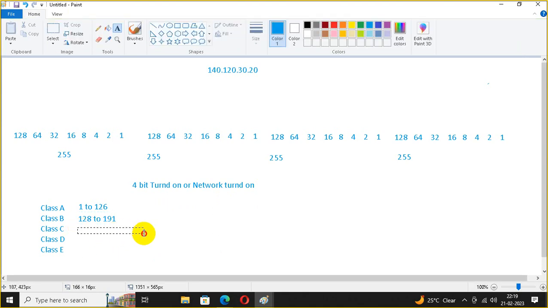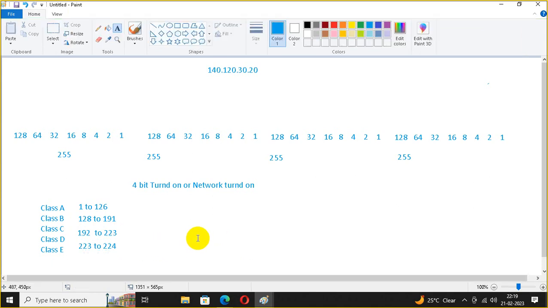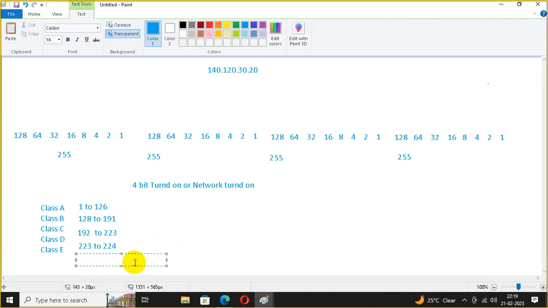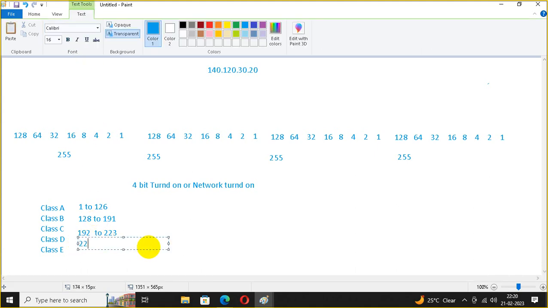If your IP address starts with 192 to 223, then it is class C. If your IP address starts with 224 to 239, then it is class D. Sorry, I was wrong.